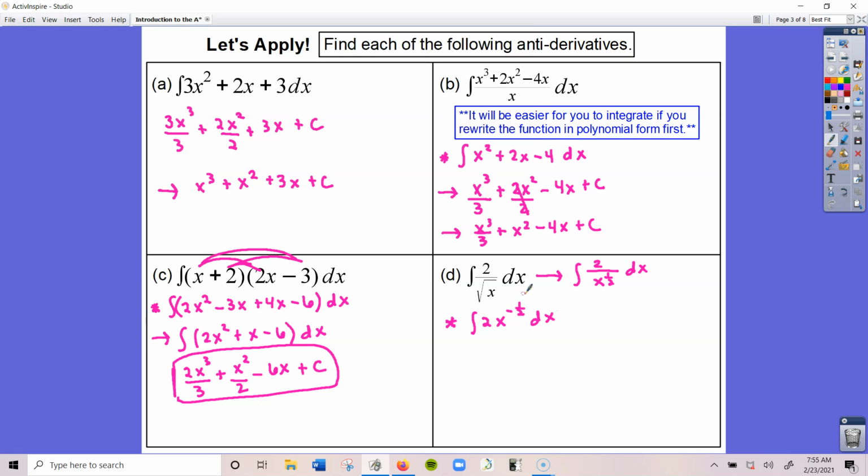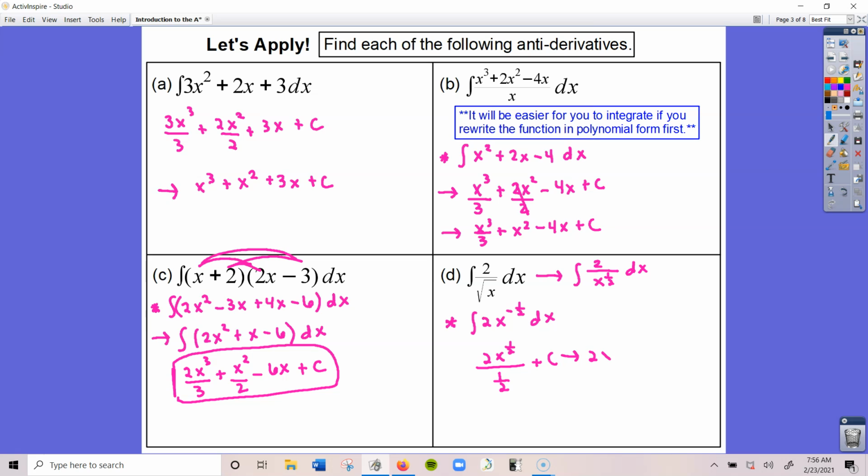We're going to add 1 to the exponent. Adding 1 would give 1/2, so that would be 2x to the 1/2. And then we're going to divide by the new exponent, which is 1/2. Whenever you're dividing by a number that is a fraction, really what we're doing is multiplying by the reciprocal.